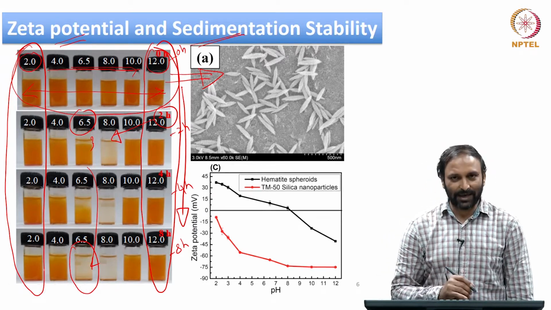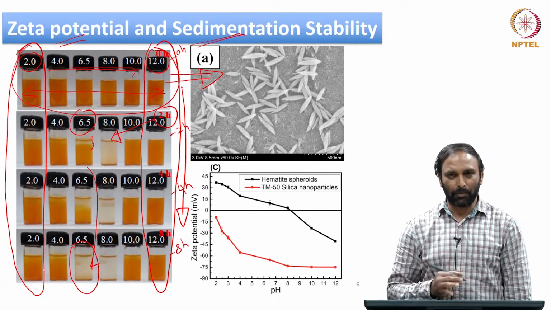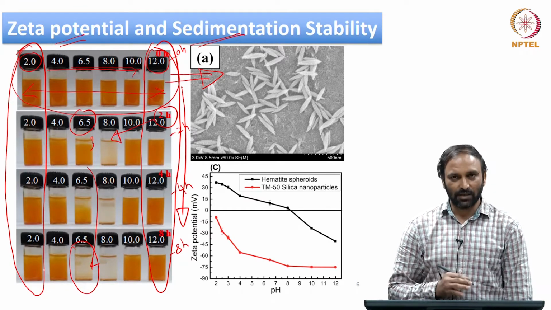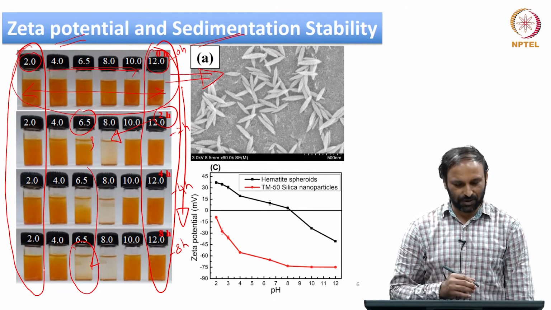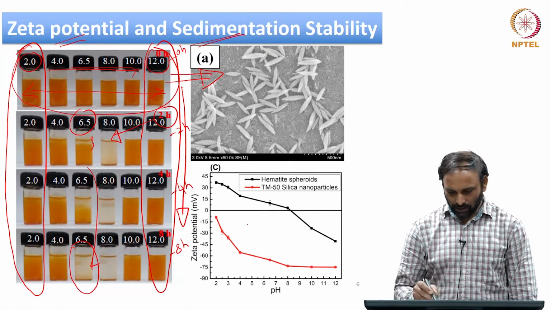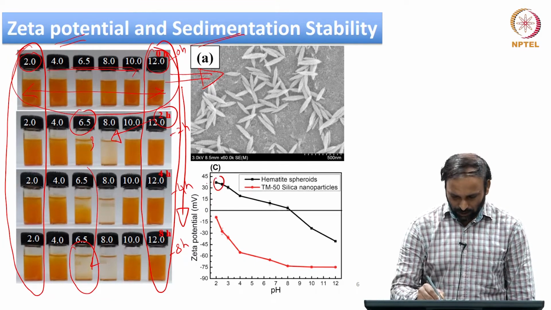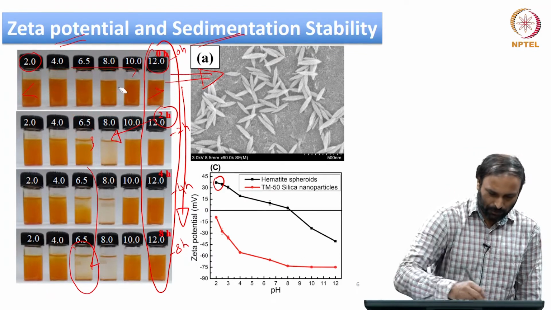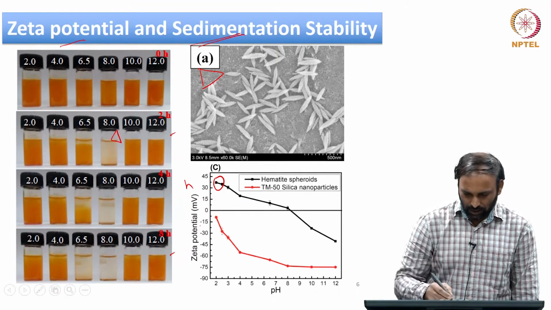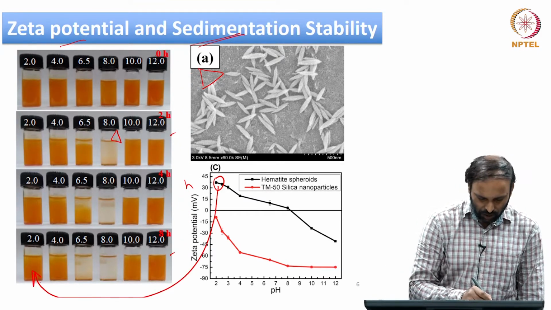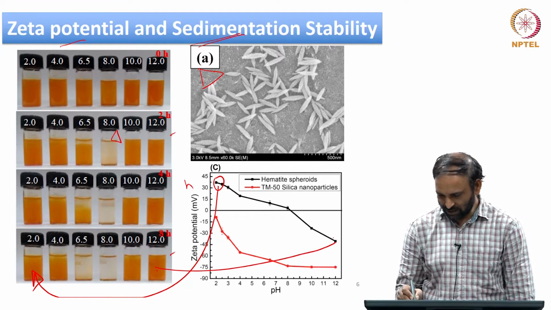So, this example tells us that the charge of the particle, or the zeta potential, is one of the important factors that can dictate the sedimentation stability of the given dispersion. And looking at the zeta potential plot here, this vial that we are looking at corresponds to pH 2, and this corresponds to pH of 12, that is this particular point.